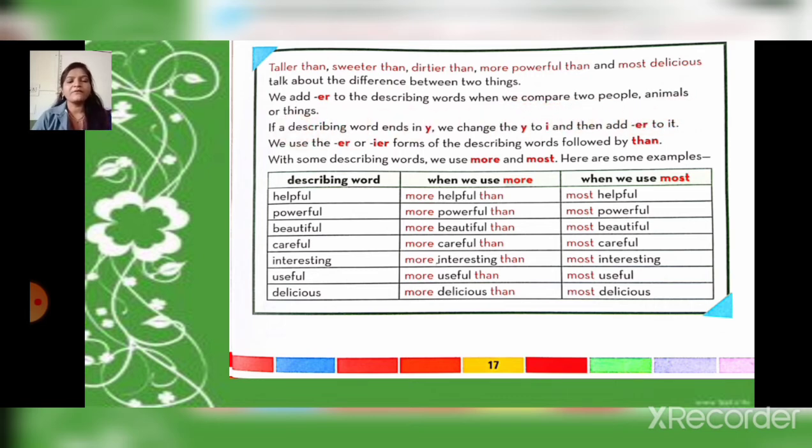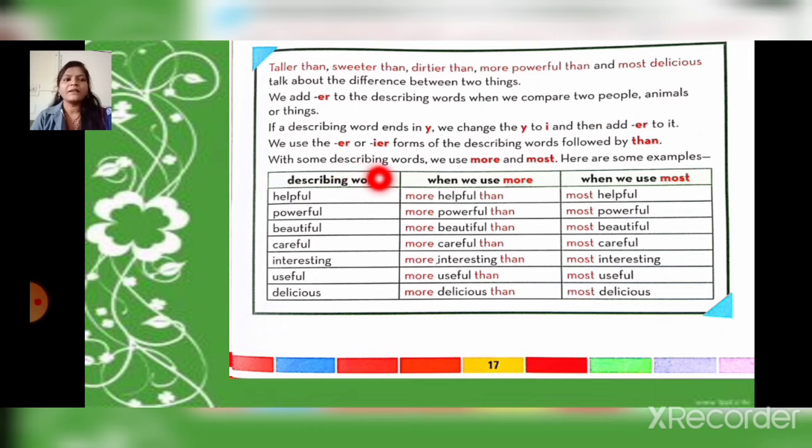So students, when we are comparing two things, people or animals, we are using er. Er means comparative degree. If a describing word ends in y, we change y to i and add er to it. We use the er or ier forms with the describing words followed by than.